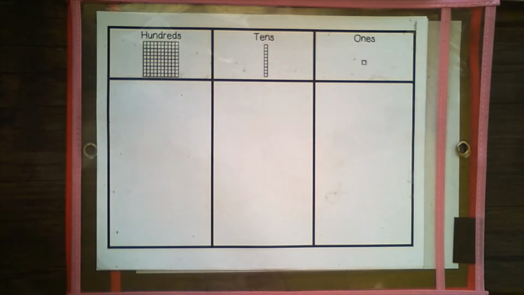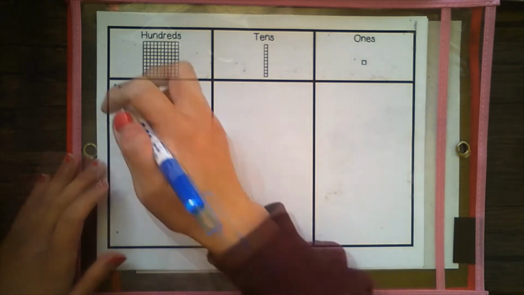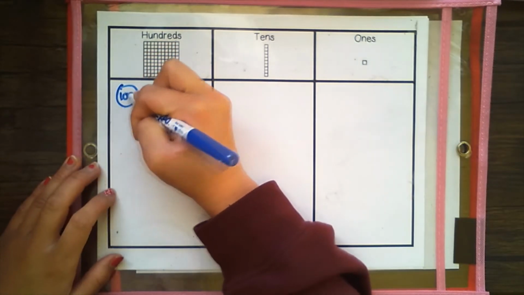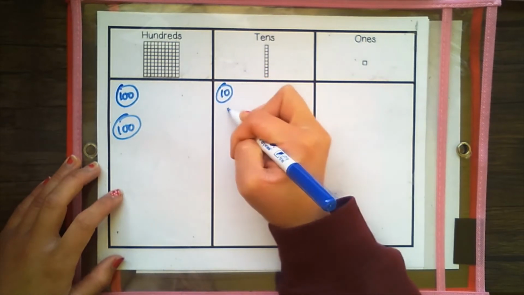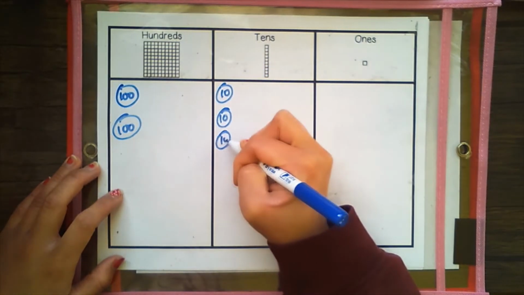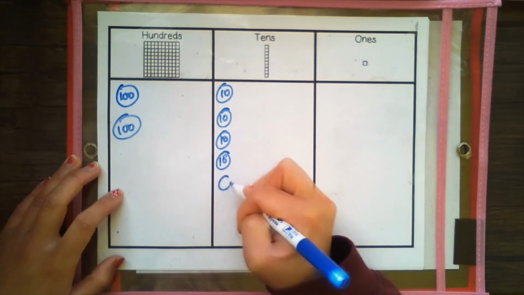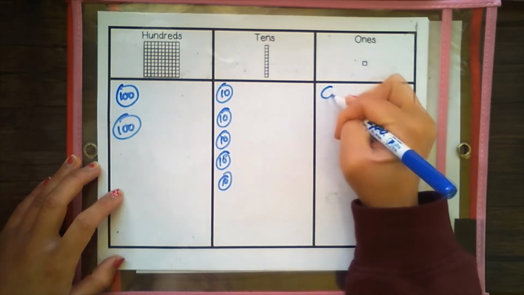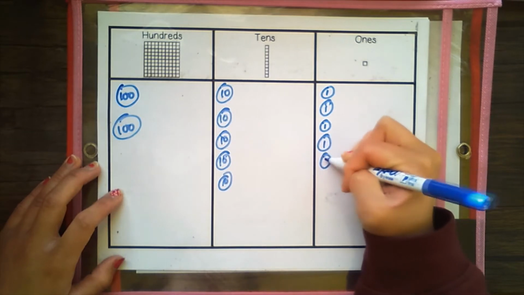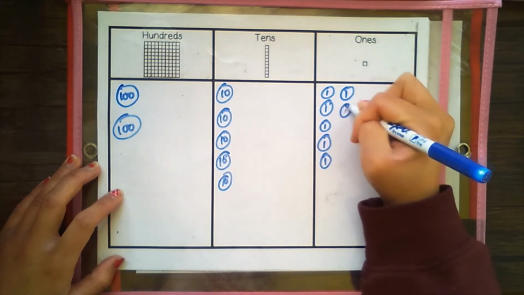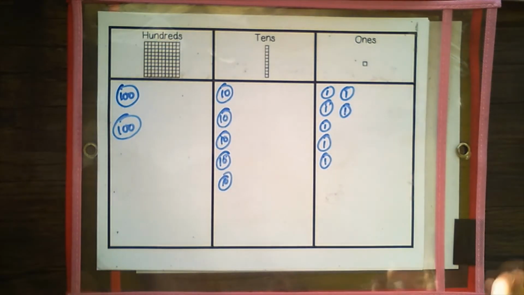Next, we're going to show 257. And I'm going to do that with my 5 groups or using my 10 frame because it makes it easier to see.